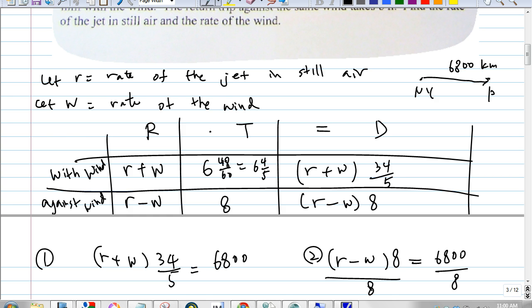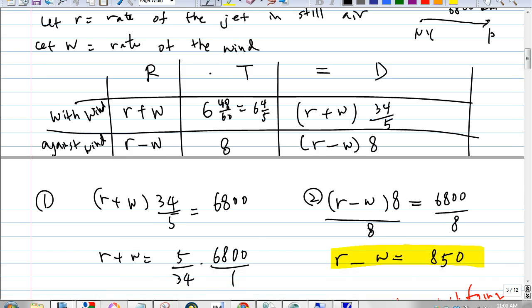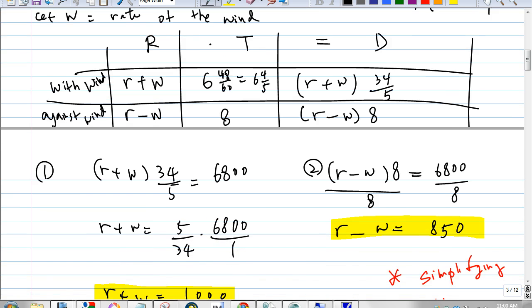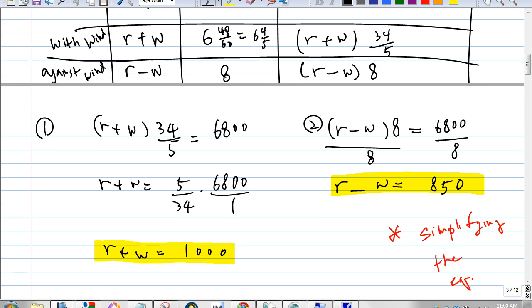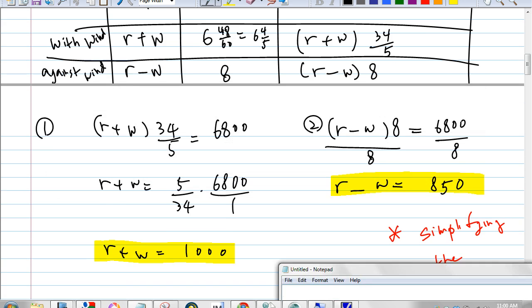Turns out that you could multiply both sides by 5 and divide by 34, but better than that is multiply both sides by the reciprocal, which is what? 5 over 34. Because does 34 go into 6,800? Does it? Yeah, nicely. That's how I knew to multiply both sides by the reciprocal. So you must what? Simplify the equation.